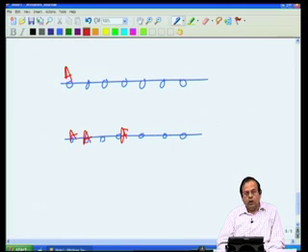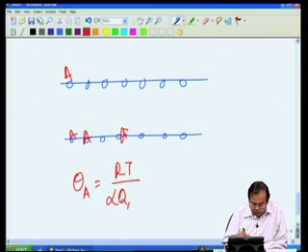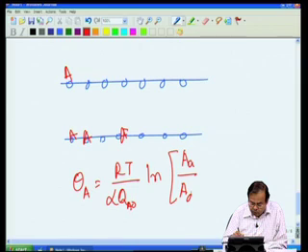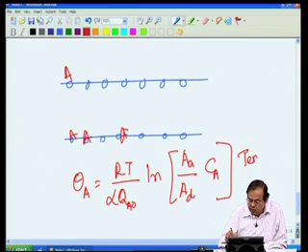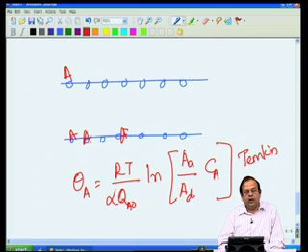So, if one looks at such an approach, we end up with theta A as this, what is called the Temkin isotherm. That is, these are energetically non-uniform.